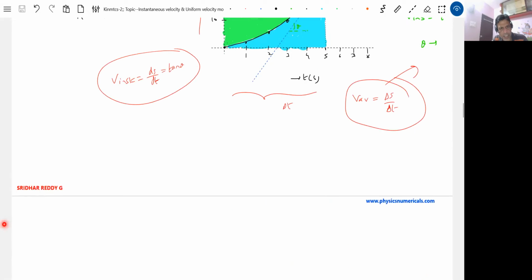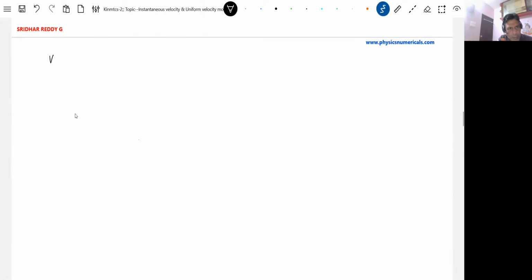If you know instantaneous velocity, can you calculate the displacement and the average velocity? The answer is yes. What is the formula? V instantaneous is equal to dr bar by dt, so you can also write dr bar equals V instantaneous dt. This I'll integrate.